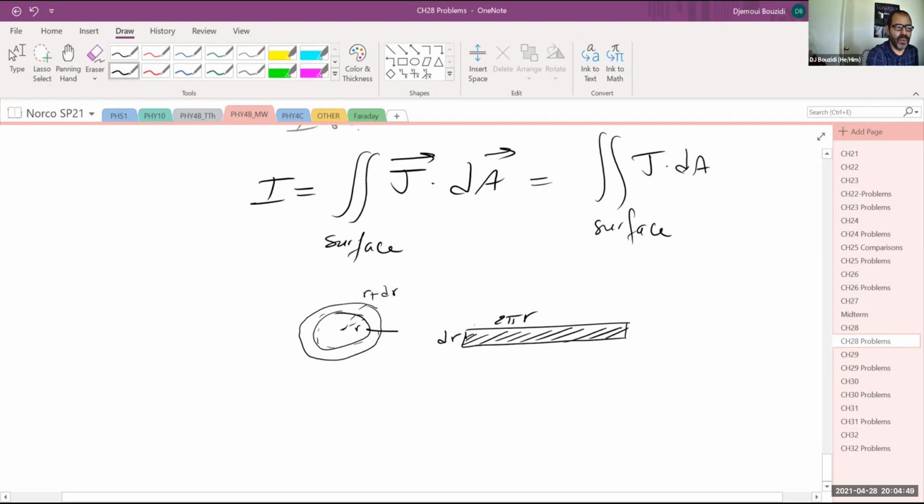It should be width times height. So the dA should be simply 2 pi r times dr. And the integration for r goes from 0 to a. That's all. So we're going to make just a single integration in here.